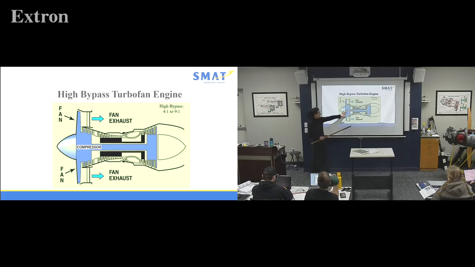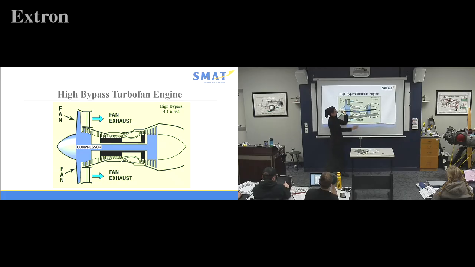So this is showing you what we're talking about, a split spool. In here is our second, maybe third stage compressor, because you can have 2 or 3 stages. This is going to be a spool or a shaft, and our compressor or fan is connected here.